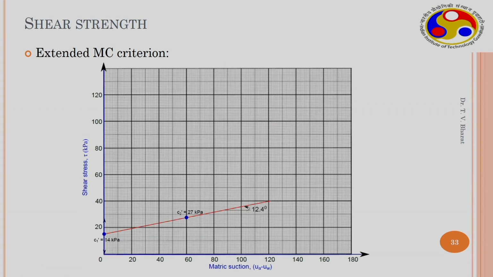Now, we have the value of C1 dash equal to C dash from the first two test data, which are conducted at 0 kilopascal UA minus UW.